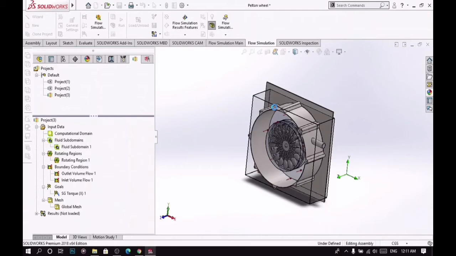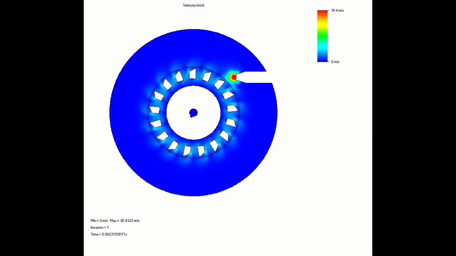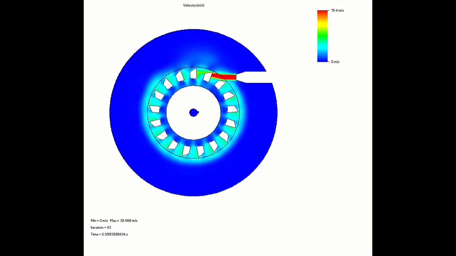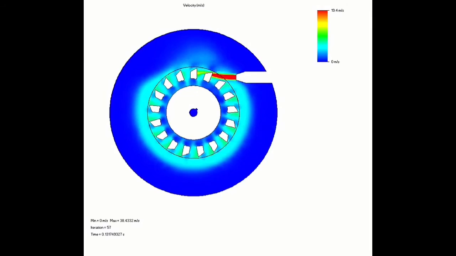And so now next I will display the simulation process, or the simulation video of our design.